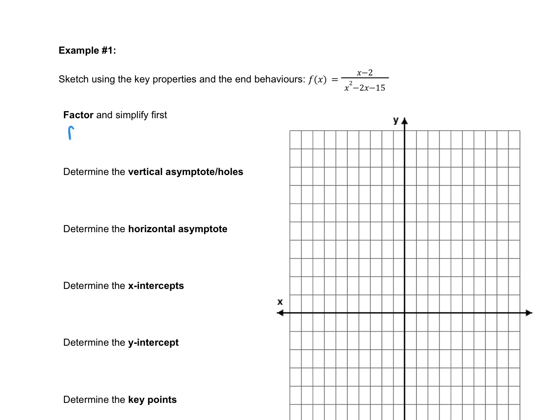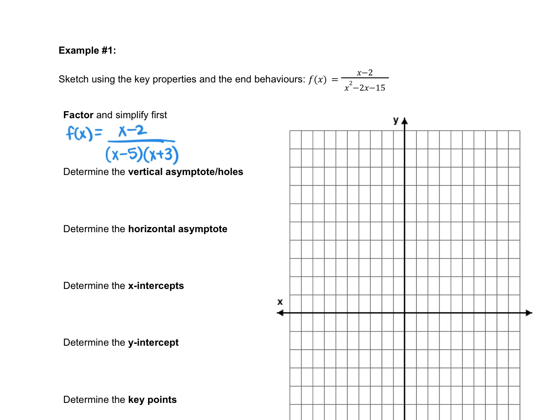Now there's nothing to factor in my numerator, but my denominator is a simple trinomial. You could do crisscross or whatever method you use, and you should have (x - 2) over (x - 5)(x + 3).